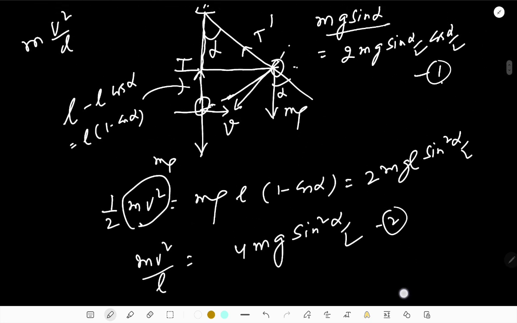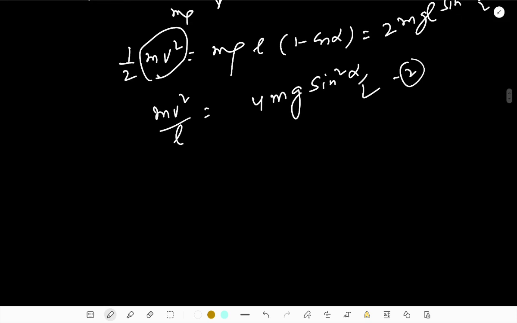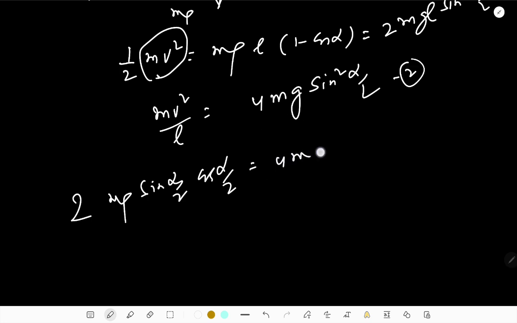And 1 was 2 mg sine alpha by 2 cos alpha by 2, and equation 2 is 4 mg sine square alpha by 2. This was the requirement of the problem, so we needed to equate them, and you can get the values of alpha.